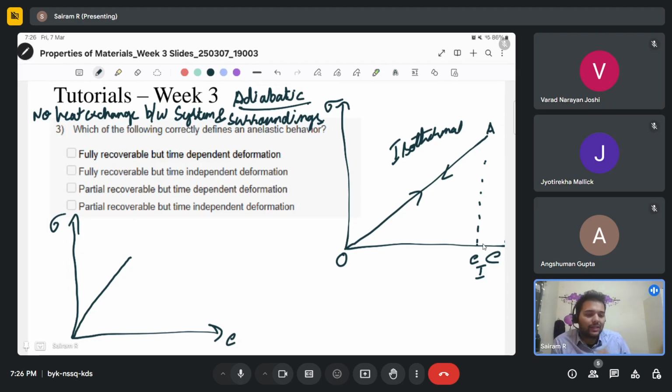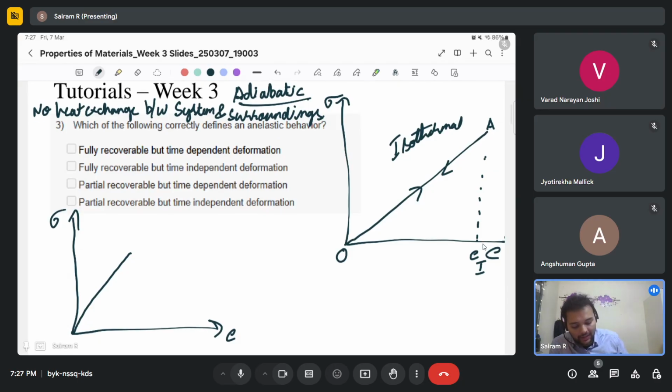However, because this stress-strain loading rate is probably higher, or because of so many other factors that the professor had discussed in his class, or which we might look at in the second half of this class during our revision, the adiabatic tension curve might not follow the isothermal plot. So the maximum stress is already applied within the same duration. Sigma max has already been reached. But even at sigma max, we have not reached the maximum limit of strain; we are reaching a limit of strain which is EA.